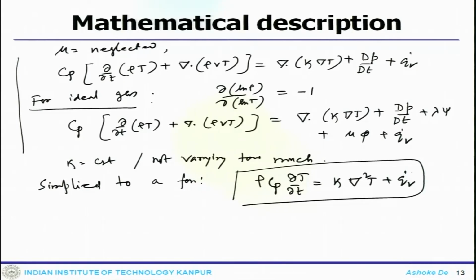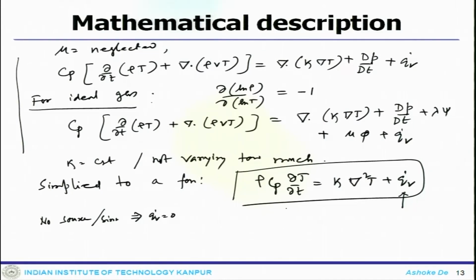Now, if you look at the terms here, this term is the heat source or sink term, or heat generation term, in the control volume. If there is no source or sink, then this can be 0.